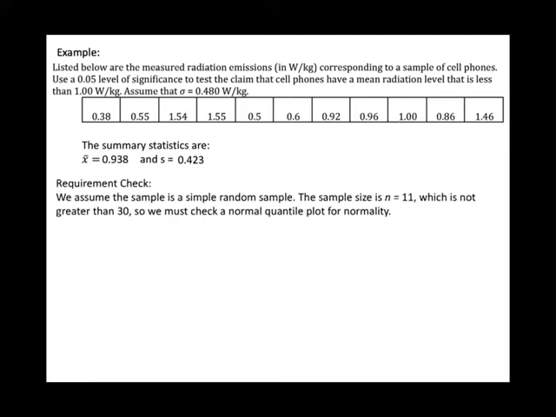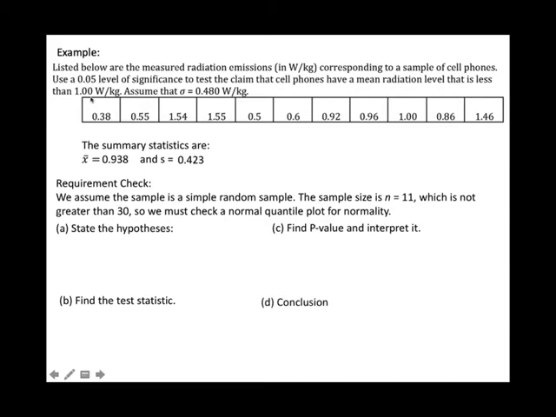So first, state the hypothesis. Find the claim statement. That will be this sentence, right? Cell phones have a mean radiation level that's less than 1. So this is my null and alternate hypothesis, and that will be a left tail.